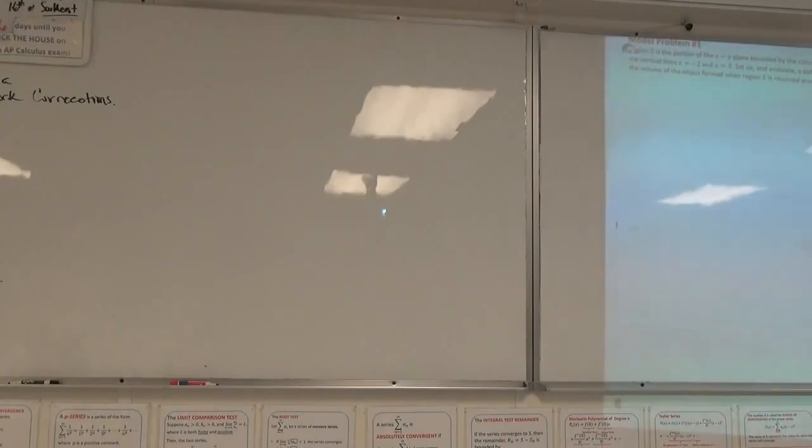And if you're finding the volume, how do we find the boundary? You find the big radius, the outside. You find the small radius, the inside, and your setup is big R squared minus little r squared.